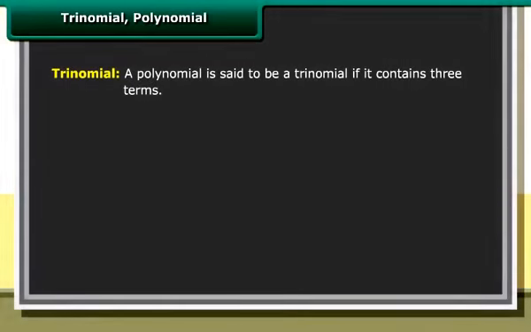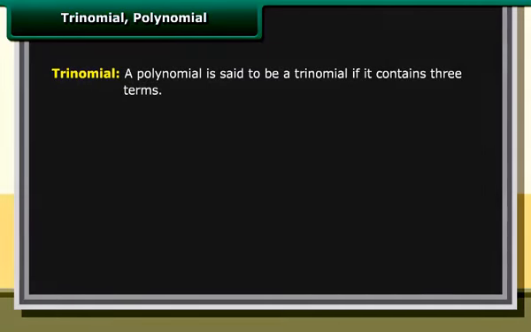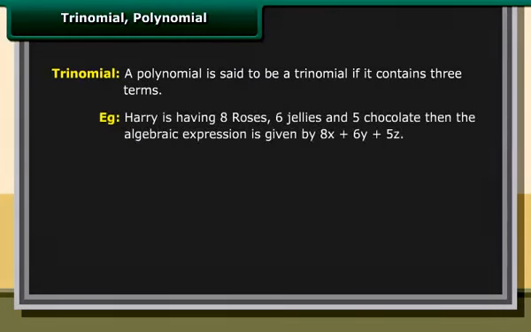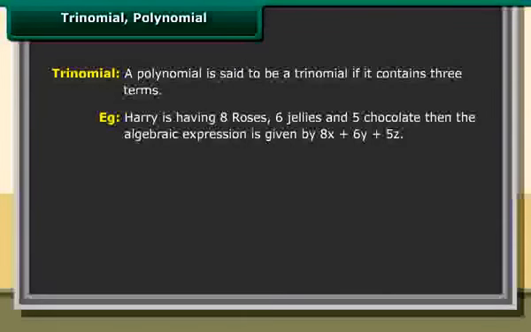Trinomial. A polynomial is said to be a trinomial if it contains 3 terms. For example, Harry is having 8 roses, 6 jellies, and 5 chocolates, then the algebraic expression is given by 8x plus 6y plus 5z.